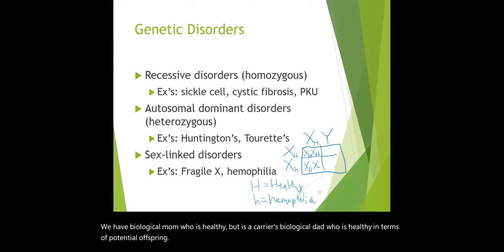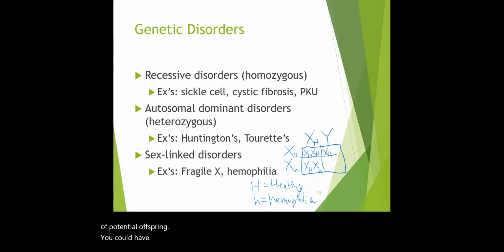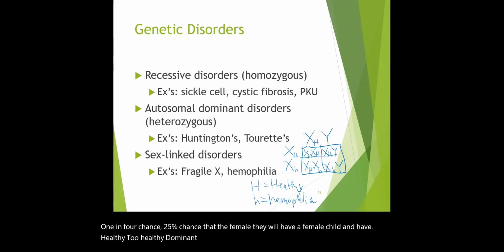We could have these odds. So there is a 1 in 4 chance, 25% chance, that they will have a female child with 2 healthy dominant copies. They could have a female child who is a carrier, but will be healthy herself.